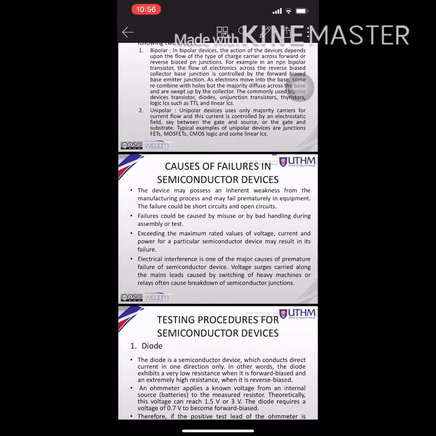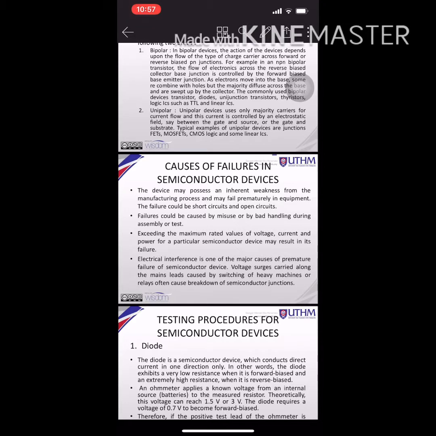Okay, so other causes that make semiconductor device failure is failure caused by misuse or by bad handling during assembly or test. Salah guna ataupun cara penggunaan yang salah bagi semiconductor device tersebut, ataupun if we exceed the value of voltage or current or power that are given to the semiconductor device, it also will cause the semiconductor device to fail to operate.